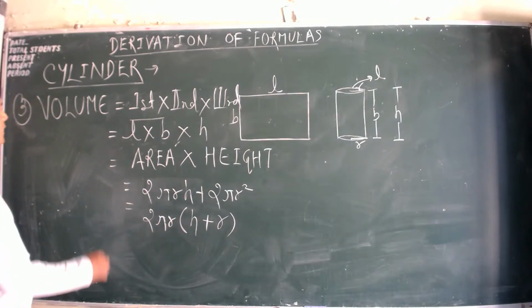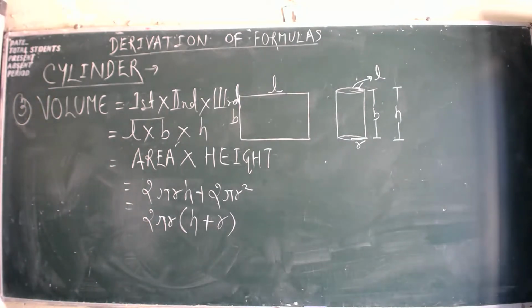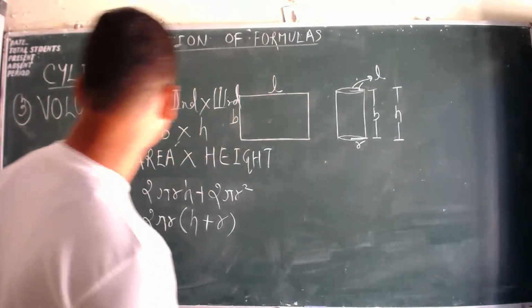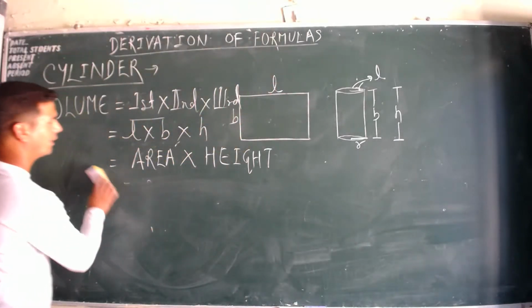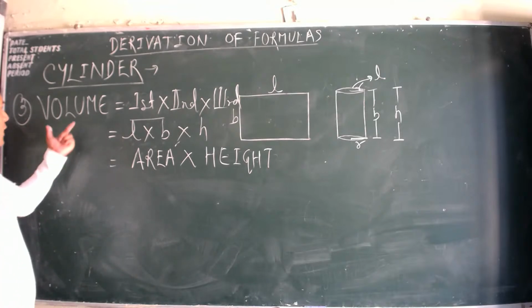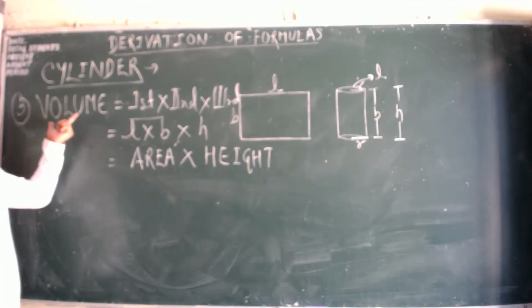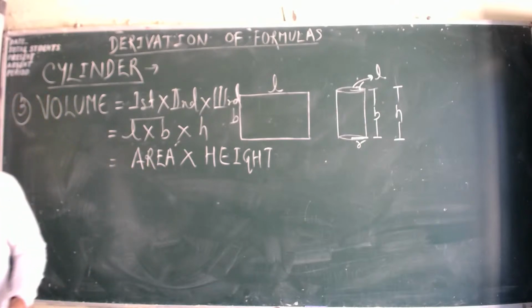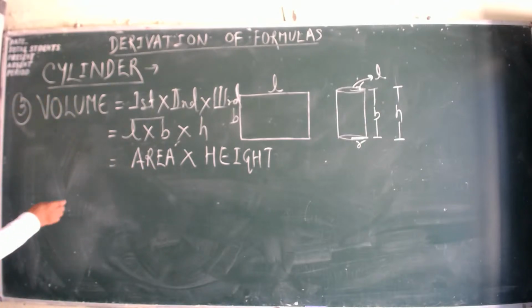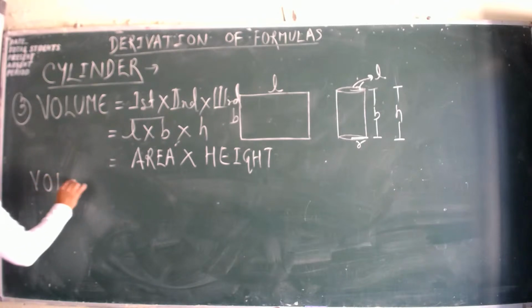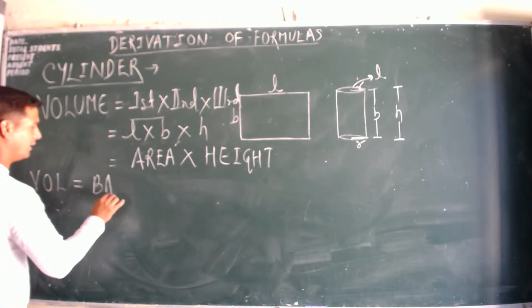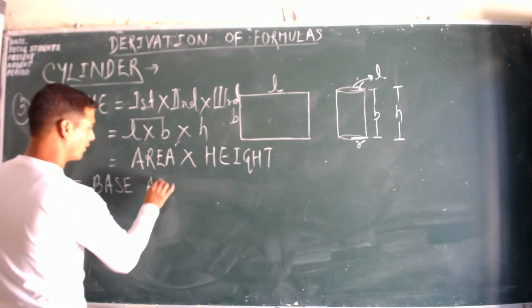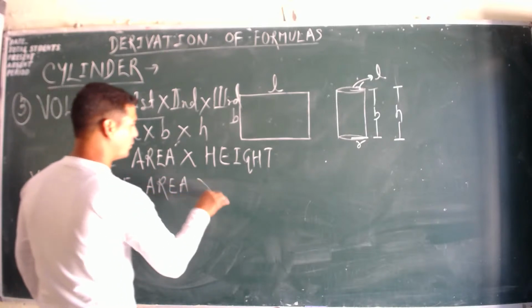So, dear student, here we got a new formula of volume. What is the formula of volume? Area into height. Here area is used as base area. The new formula of volume we got is base area into height.